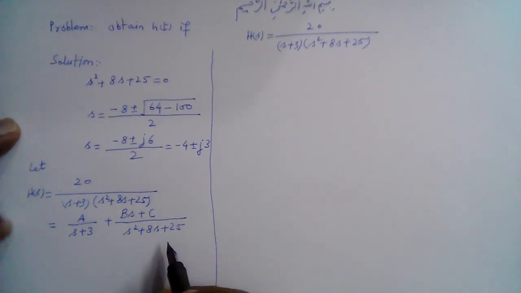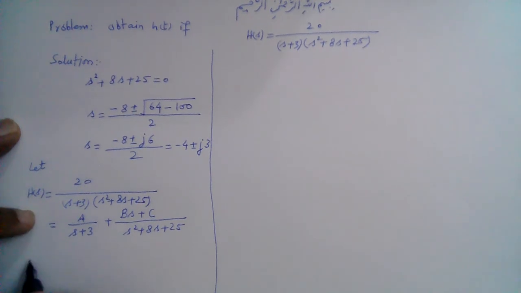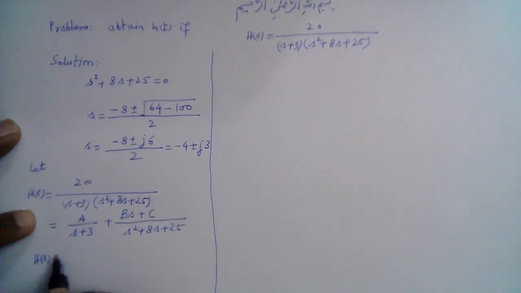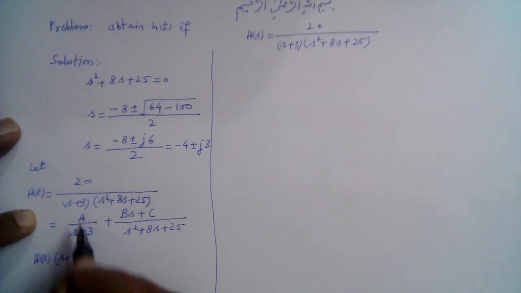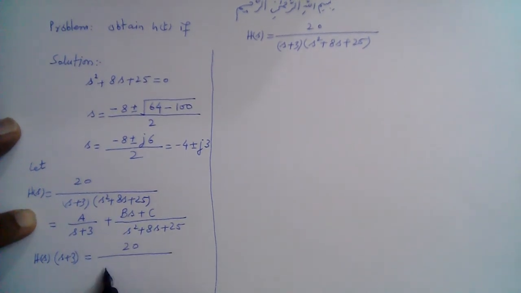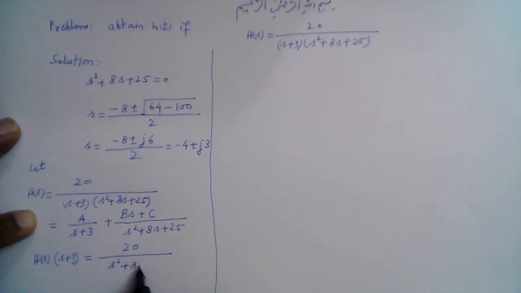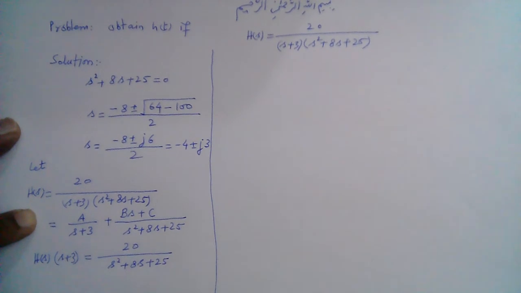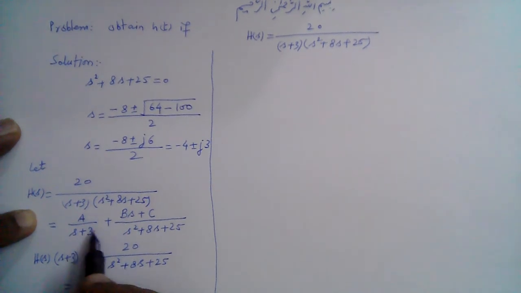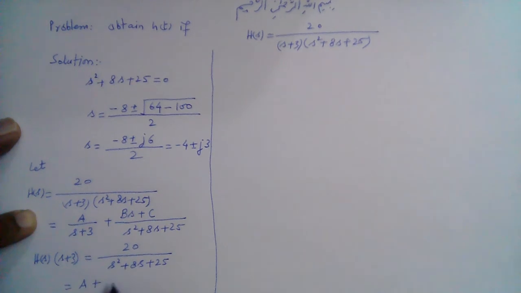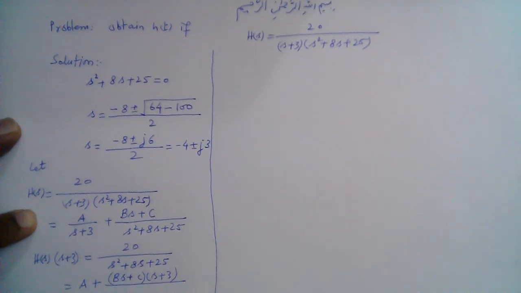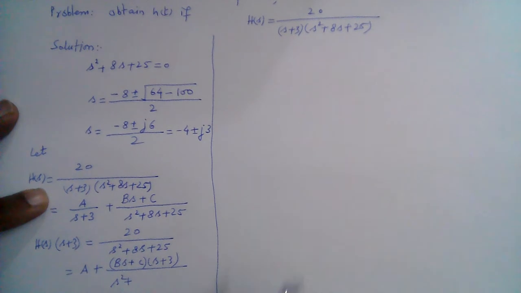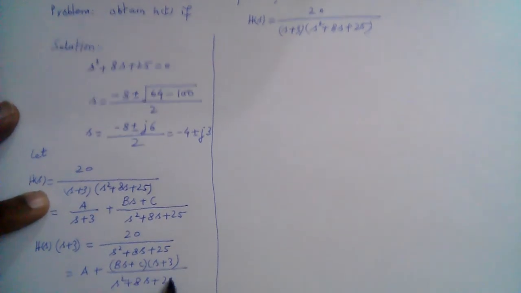Now if we multiply both sides by s plus 3, that will be h of s multiplied by s plus 3, and this will result in 20 over s square plus 8s plus 25, and on the right side this will result in A plus (Bs plus C) into (s plus 3) over s square plus 8s plus 25.